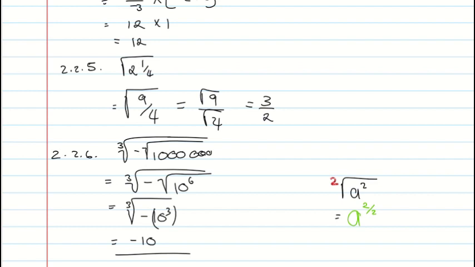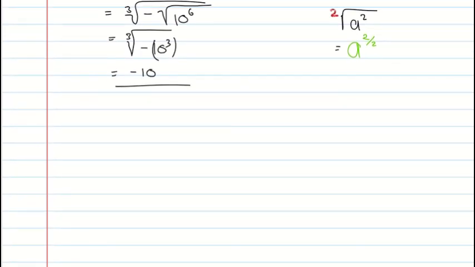We have one more to go at this question. Alright, question number 2.2.7 is where we have the negative cube root of negative 1, and then 4 minus negative 2.